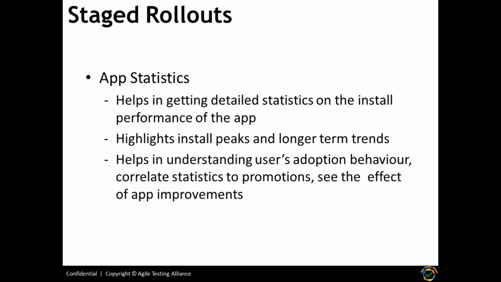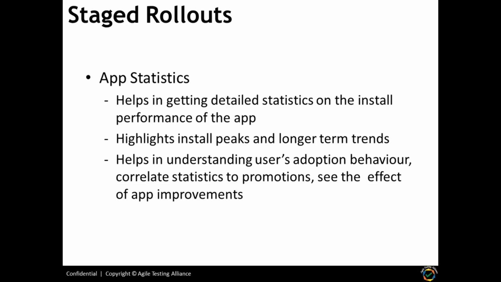Correct? The app statistics, in the stage rollout which you do, will also help in getting detailed statistics on the install performance, whether the users could install the app successfully. Did it take more time to install the app, or when they were installing the app and suddenly switched to a different screen, did it stop the installation?